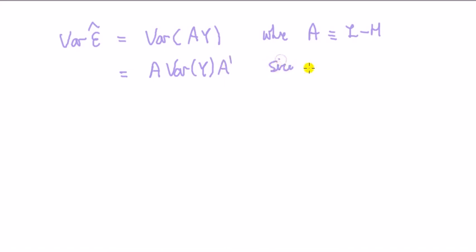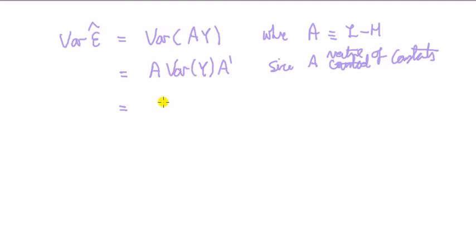Since A consists of fixed elements, A is a matrix of constants. Alright, so that's a result that always holds when we have a matrix of constants.